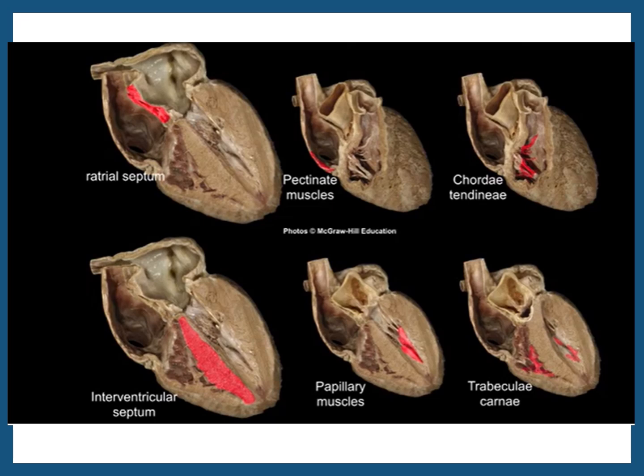Here we have an image where you can see the interventricular septum. You can see that interatrial septum. And then we've got that chordae tendineae here that is connected to the papillary muscles. And then those papillary muscles are connected to the trabeculae carneae.